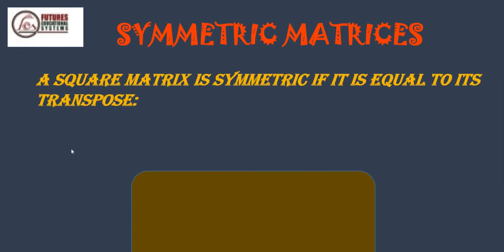Symmetric matrices. A square matrix is symmetric if it is equal to its transpose. It means if matrix A equals transpose of matrix A, it is called a symmetric matrix.